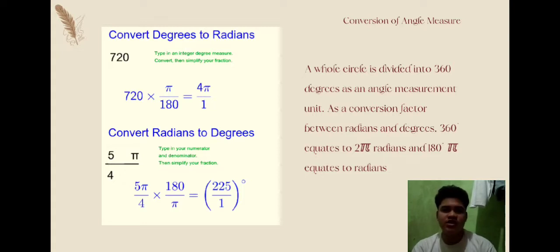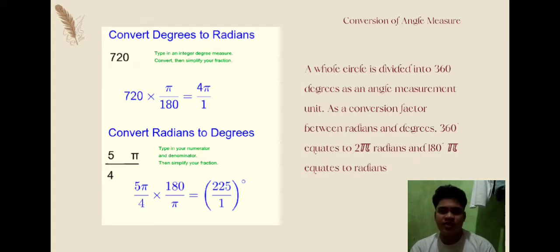In converting degrees to radians, the value of 180 degrees is equal to pi radians. To convert any given angle from degrees to radians, the value has to be multiplied by pi radians over 180 degrees, and to convert radians to degrees, you get the reciprocal, and you just multiply the radians by 180 degrees over pi radians.